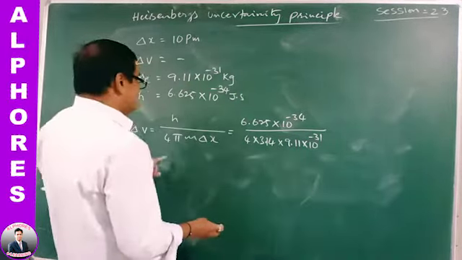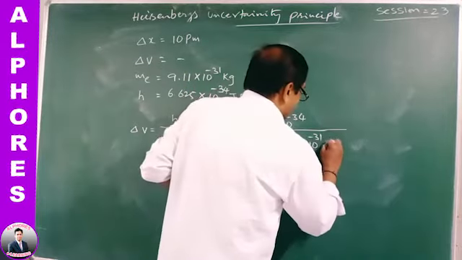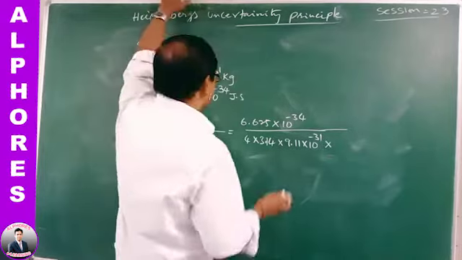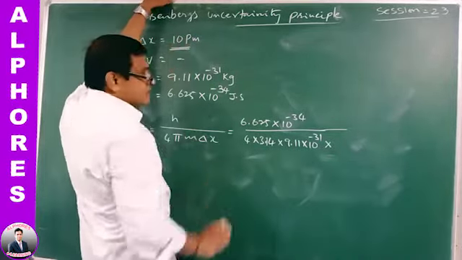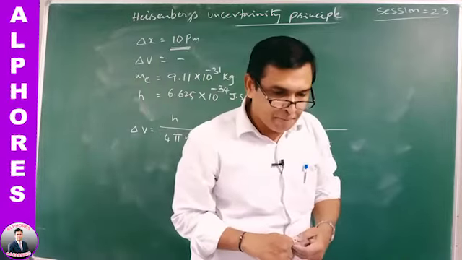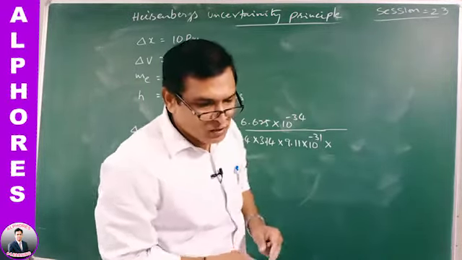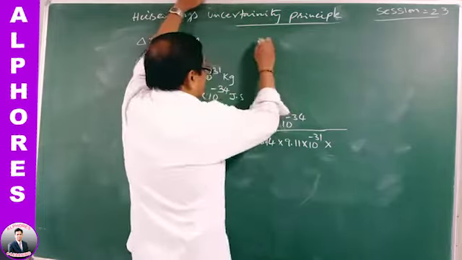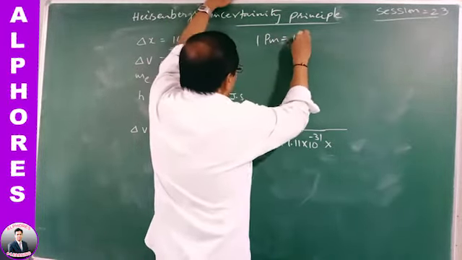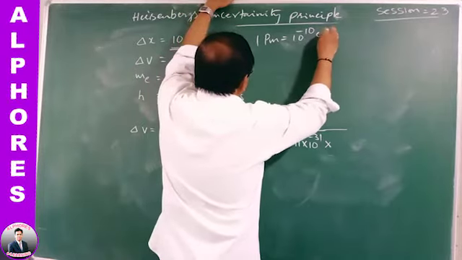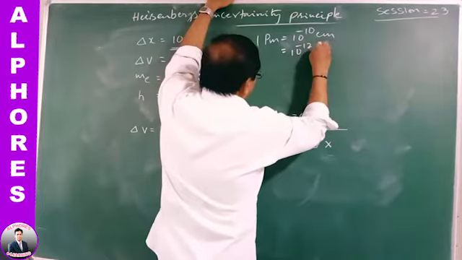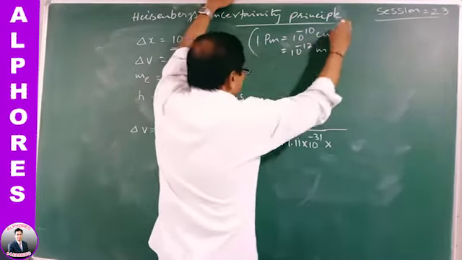Then delta x, now it is the important point, delta x is given as 10 picometers. So 1 picometer is equal to how much? We know that 1 picometer is equal to 10 to the power minus 10 centimeters or 10 to the power minus 12 meters. We should remember this value.